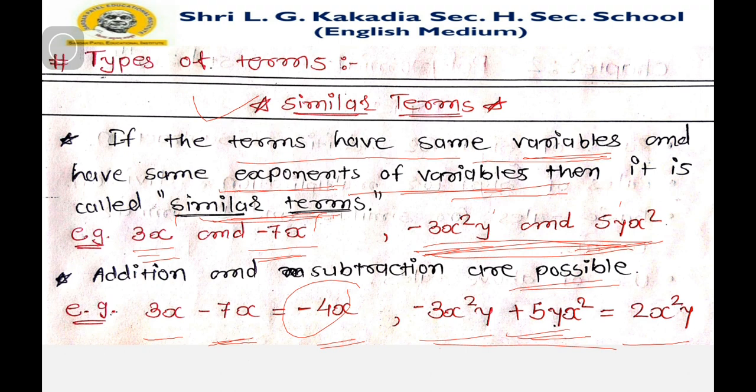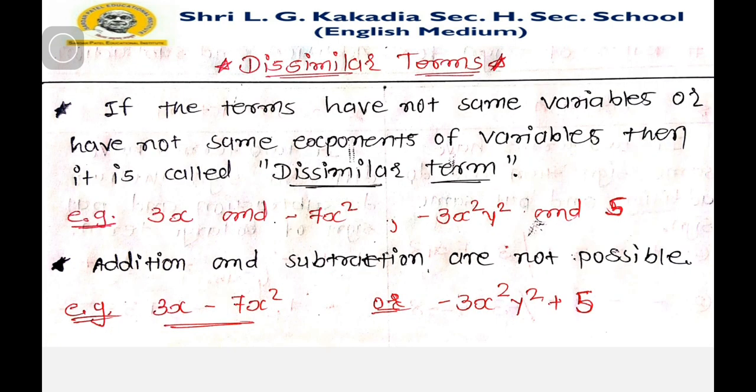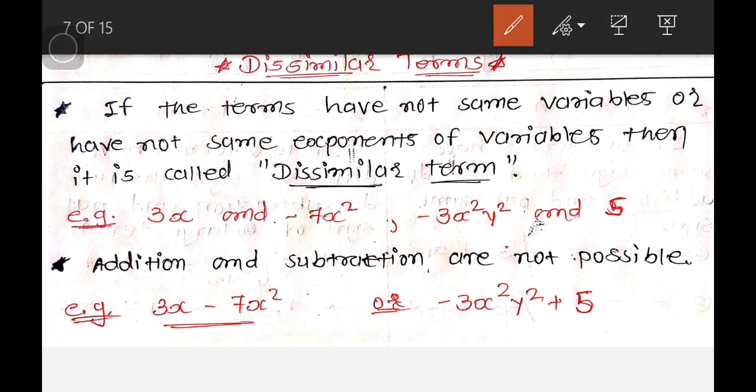The second type of terms is dissimilar terms. How can we say that the given terms are dissimilar? If terms do not have the same variable, or do not have the same exponent of the variable, then they are called dissimilar terms.